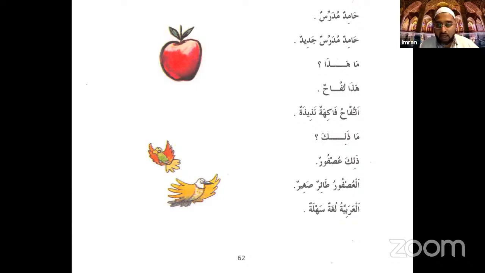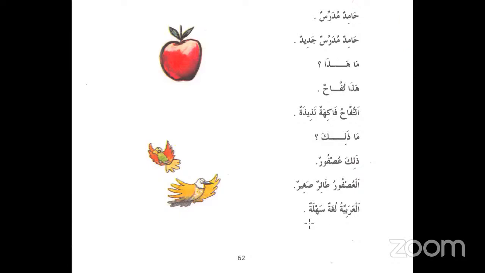Yes, the reason is that lughatun has ta marbuta and sahlatun, being its adjective, also has ta marbuta. That is the ruling: the sifa and mawsuf follow each other in all those 5 things: definite, indefinite, masculine, feminine, singular, plural.